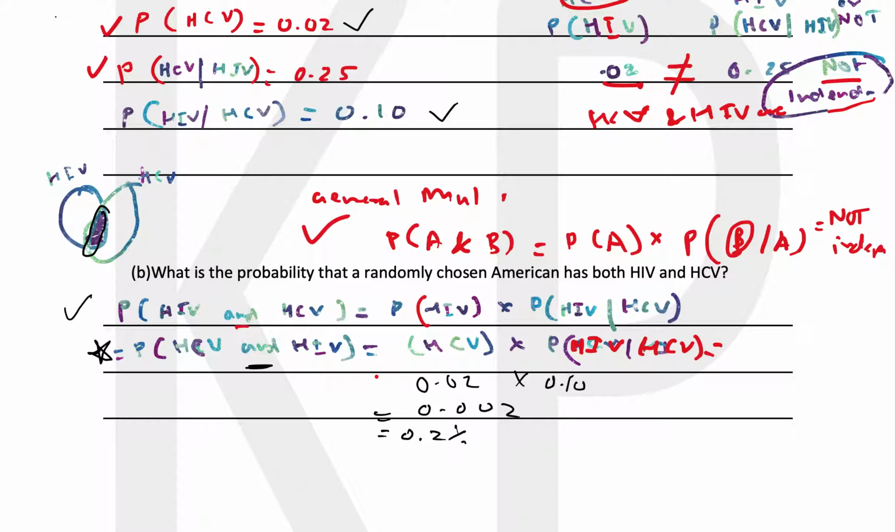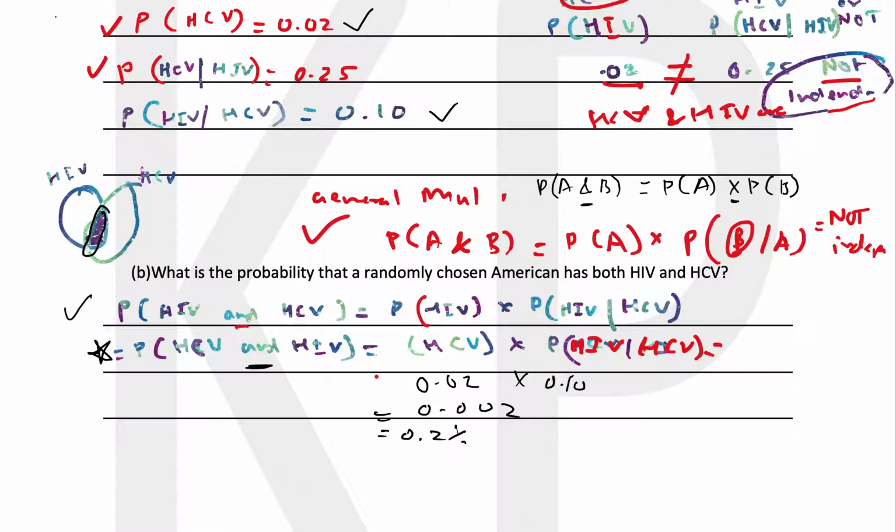If in case we had proved that A and B, or HCV and HIV, are independent events, then we would have used another rule: probability of A and B is simply probability of A times probability of B. It is a multiplication, just notice that, and we simply multiply those two probabilities because there is simply no dependence, so they are independent.